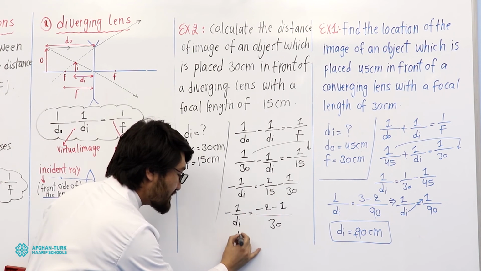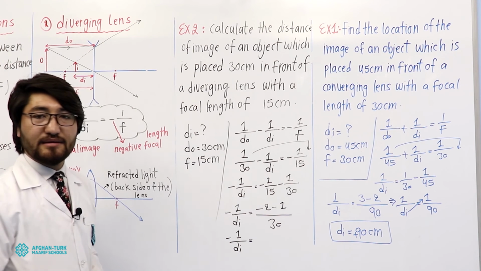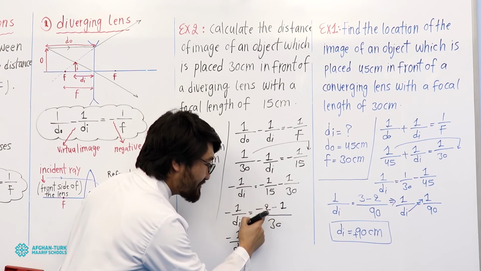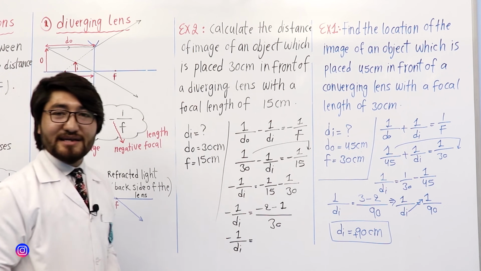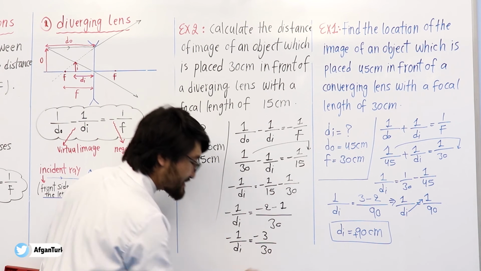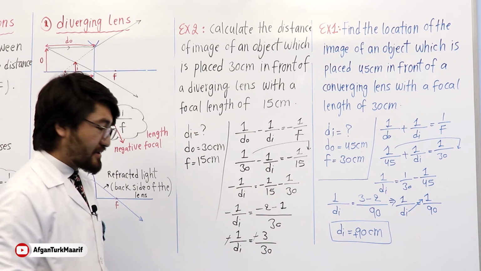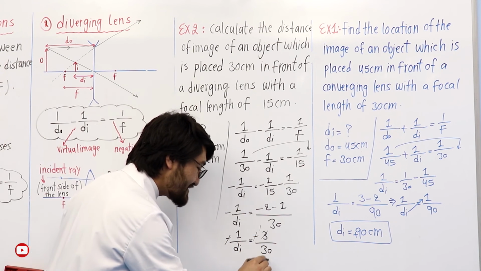Minus 1 over DI is equal to minus 2 minus 1, which is minus 3 over 30. Minus and minus cancel, okay? And 3 goes into 30, 10 times.